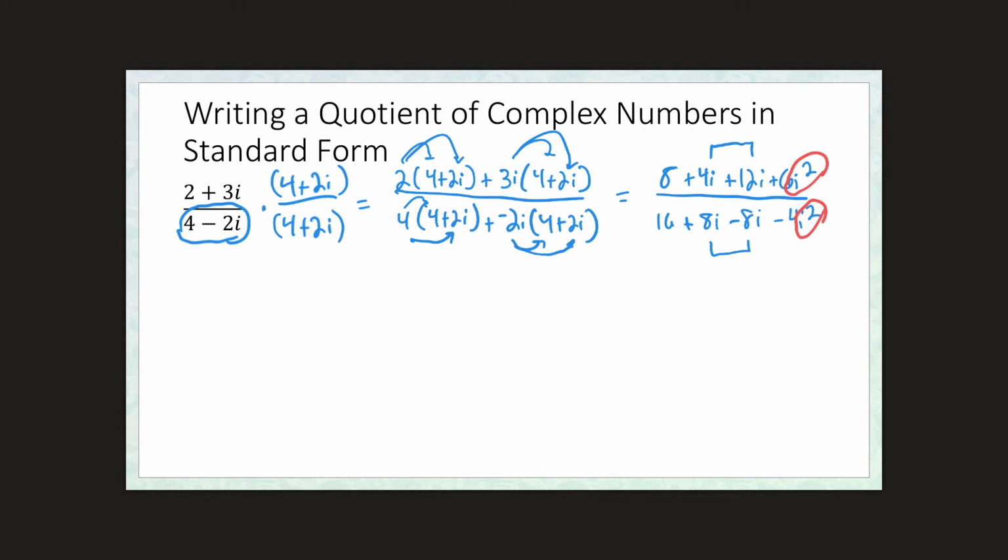So in the numerator, we have 8 plus, and then 12 plus 4 is 16, 16i, plus 6 times negative 1, because that i squared was negative 1. And that will be over 16, and 8i minus 8i cancels out, which is good, minus 4 times negative 1.